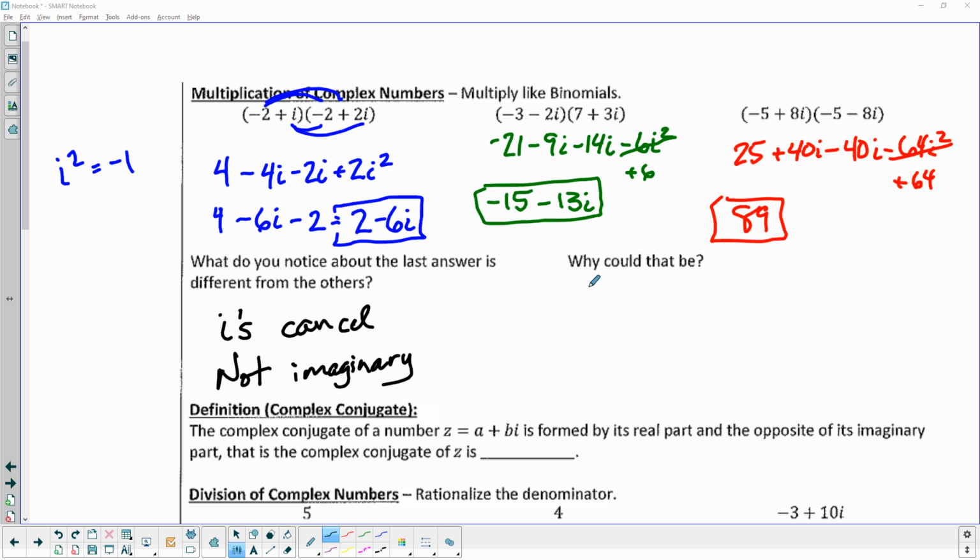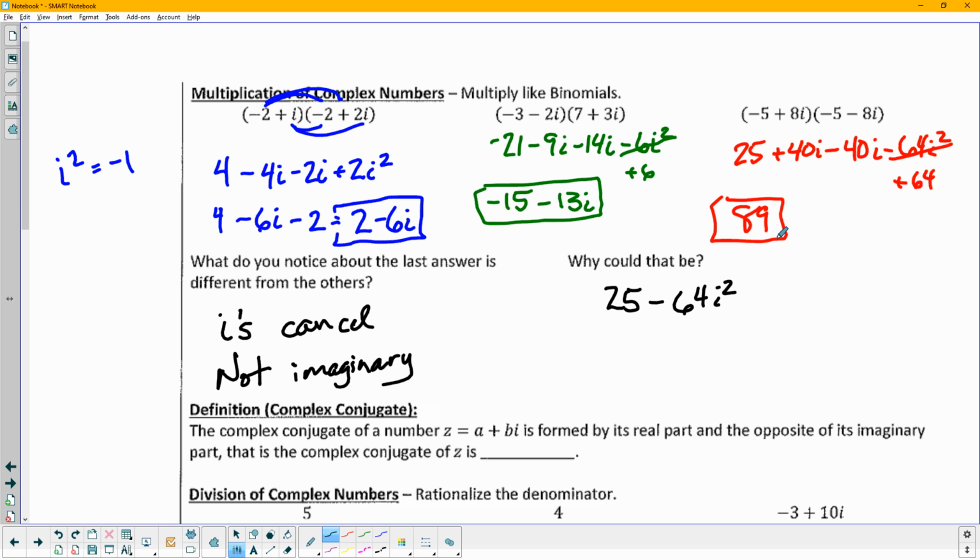So why is that? I negated myself, but it is somewhat like a difference of squares, in that it's sort of the backwards direction of a difference of squares, where I factored 25 minus 64i squared.